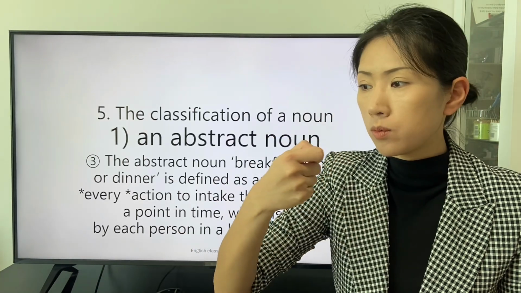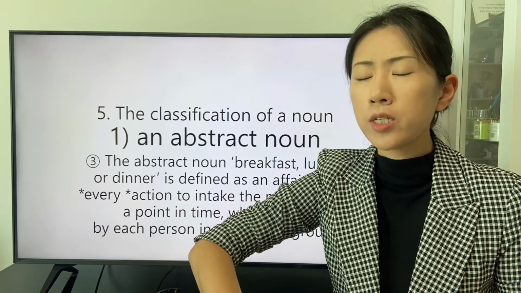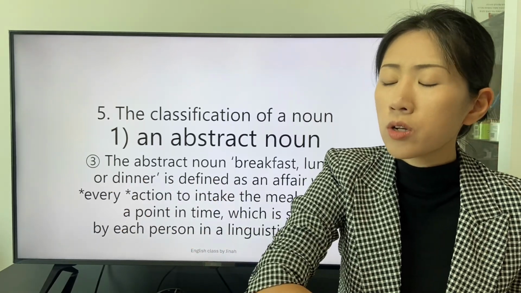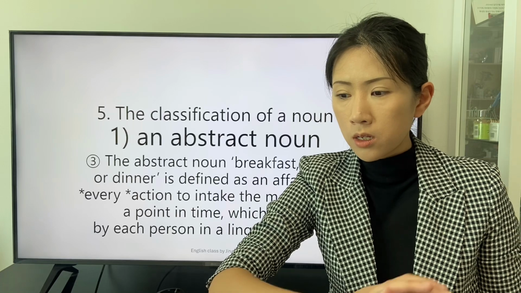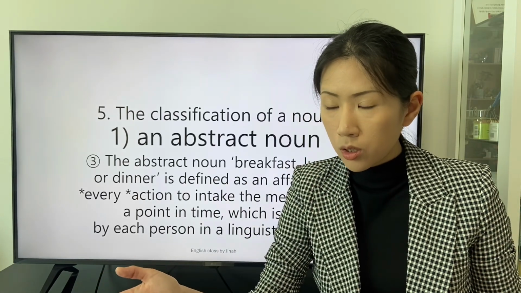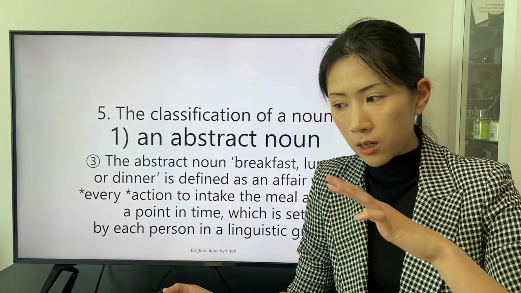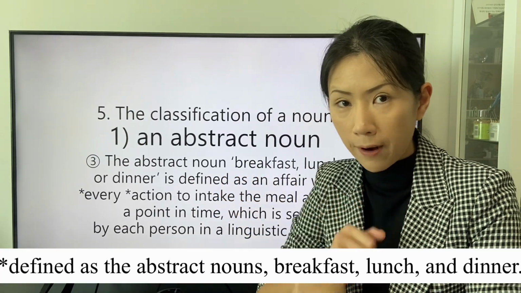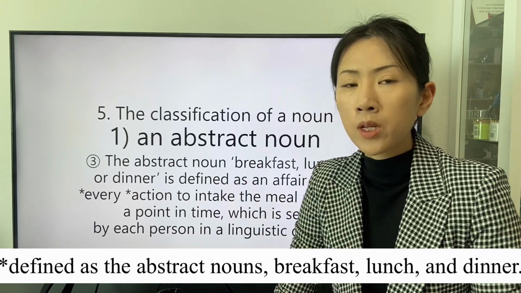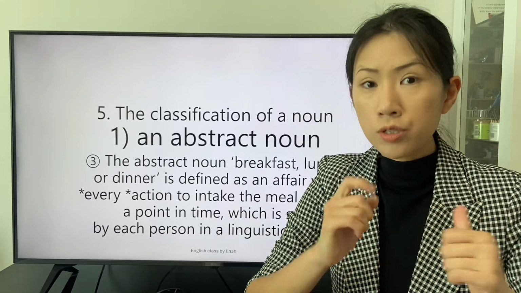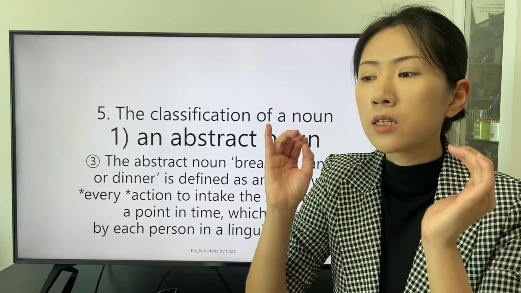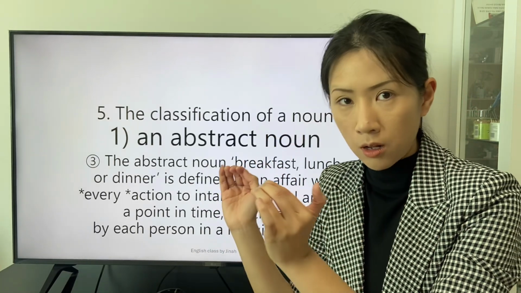We have to move to intake a meal, and every action to consist of the affair is defined as breakfast, lunch, and dinner. The nouns breakfast, lunch, and dinner indicate the metaphysical object.